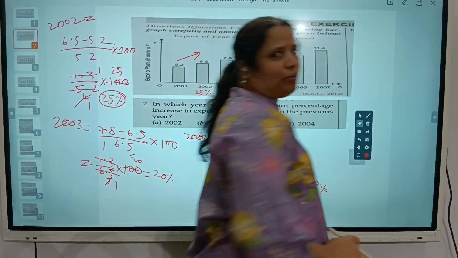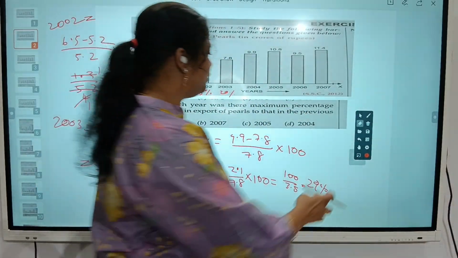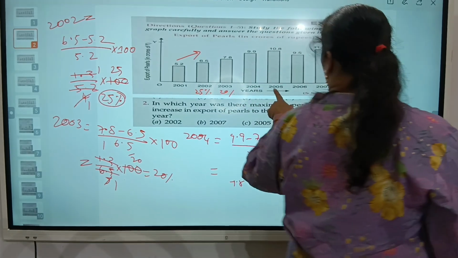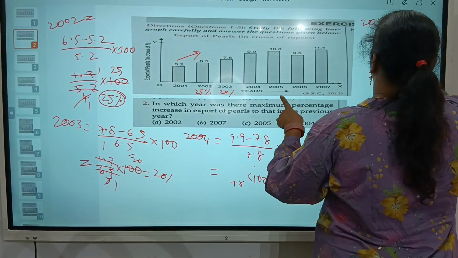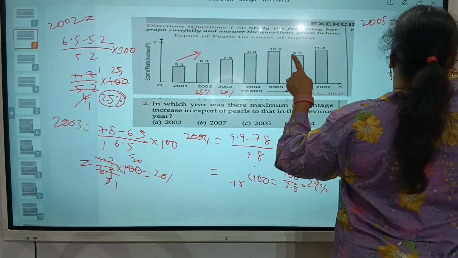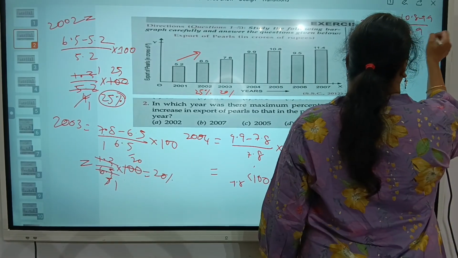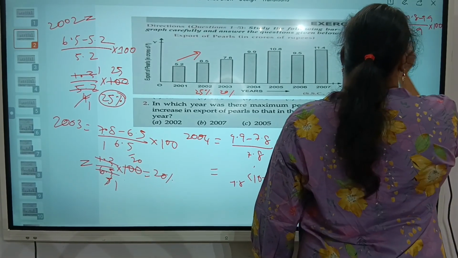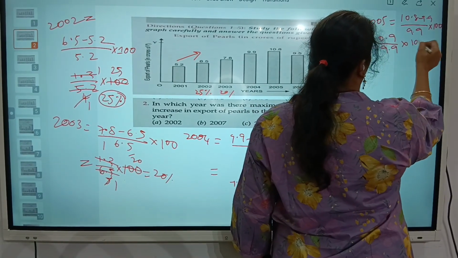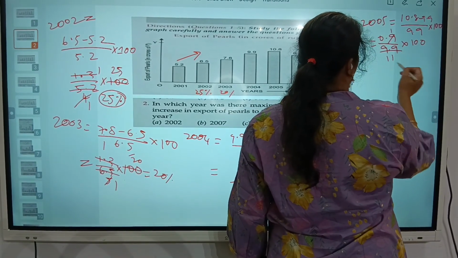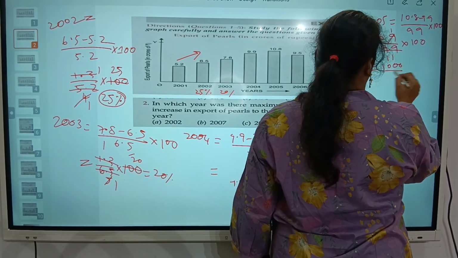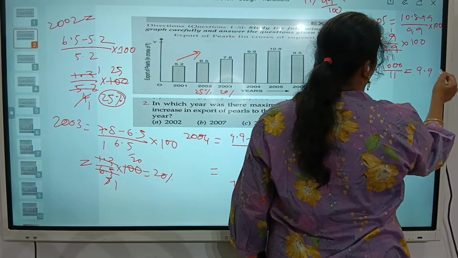Now we will do the same procedure for the next year, 2005. For 2005 it is 10.8 minus 9.9 by 9.9 into 100. So 0.9 by 9.9 into 100. So it is 1.1, so 1000 by 11. It comes around 9.9%.